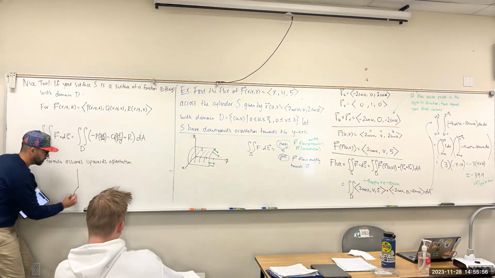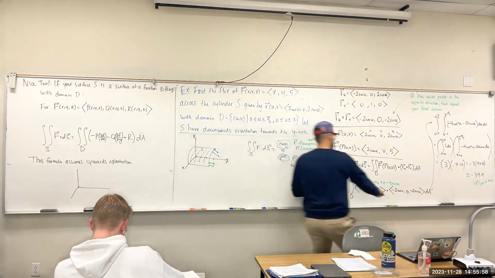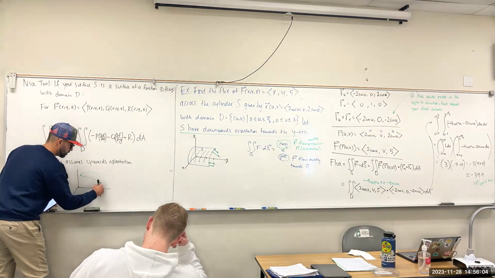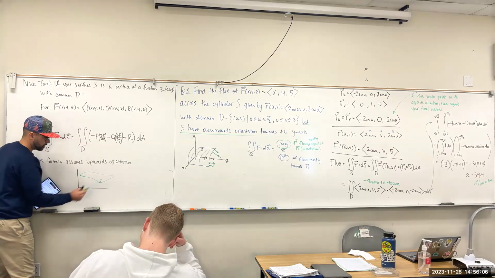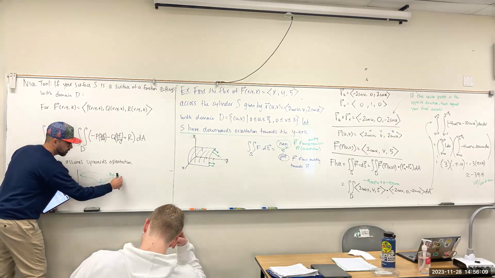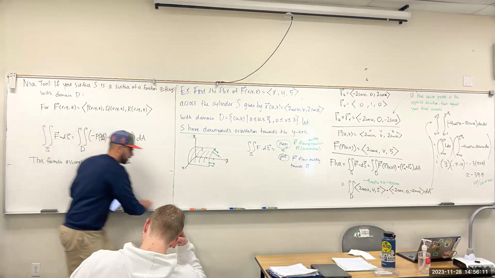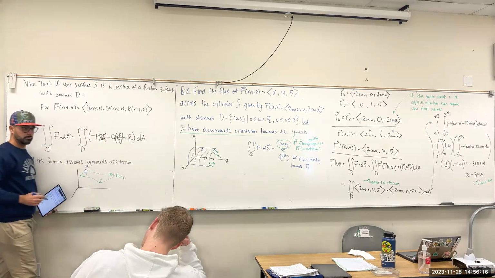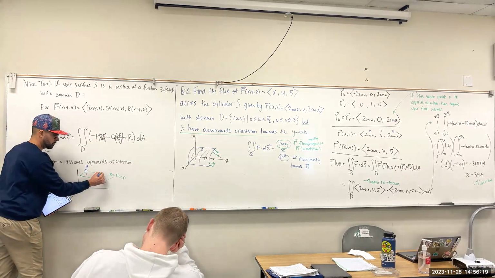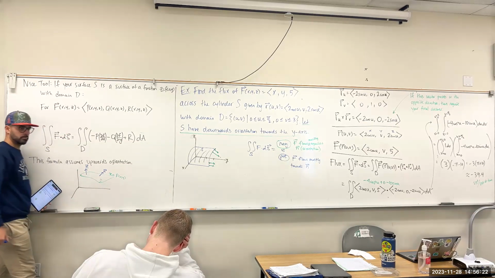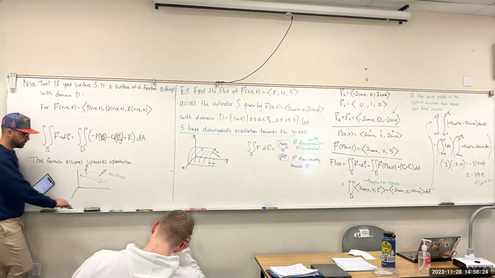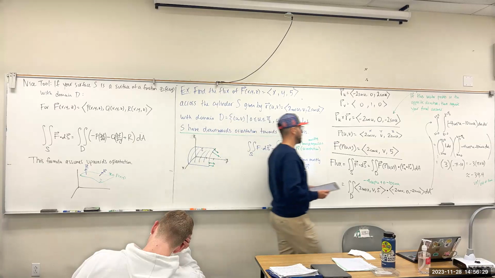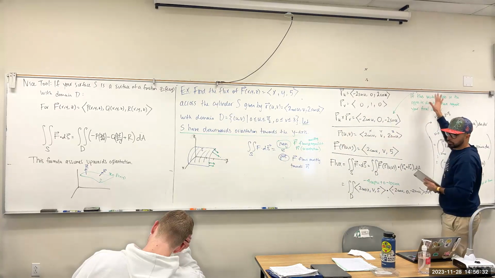So it assumes that your surface, which is the surface of a function now, whenever you use this formula, has an n that needs to point this way, upwards. But if it doesn't, then you do this here.